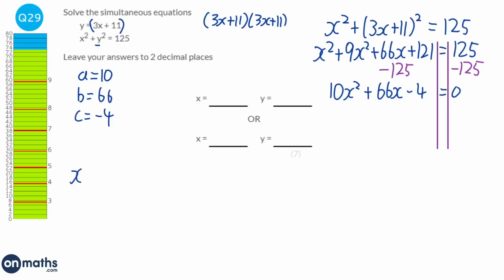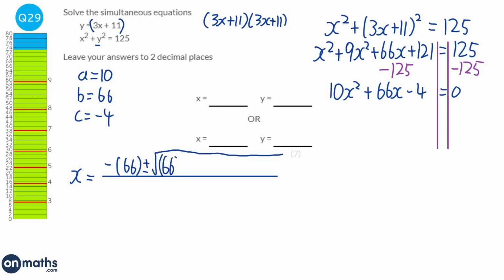The quadratic formula will be minus b, and I always put the values we substitute into brackets, because if they're negative, that really helps us. Plus minus square root of b squared minus 4 times a times c, all of that over 2 times a.